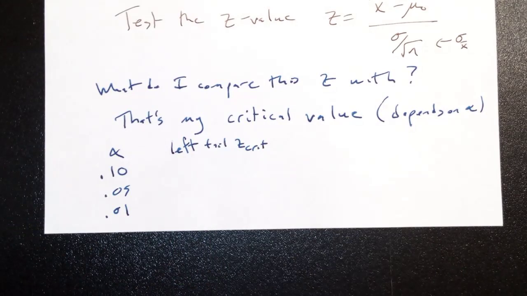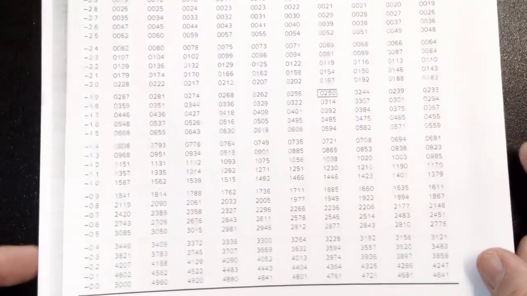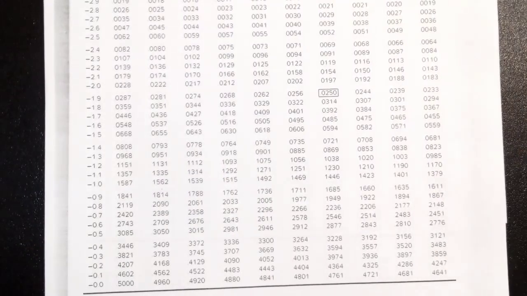But I don't just pull this number out of thin air. I go here, and I say in the cumulative distribution function, table C2, what Z value gives me an area of 10%? So I start looking for 0.1 on my table. 0.01, 0.05, 07.